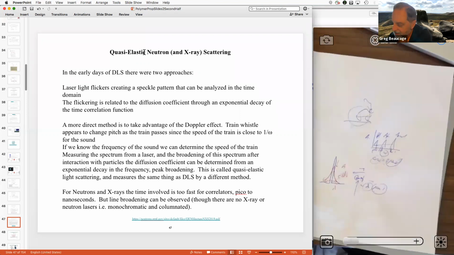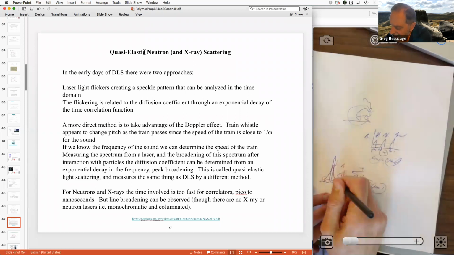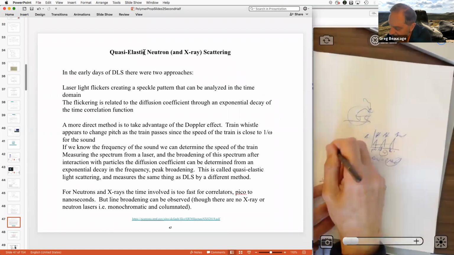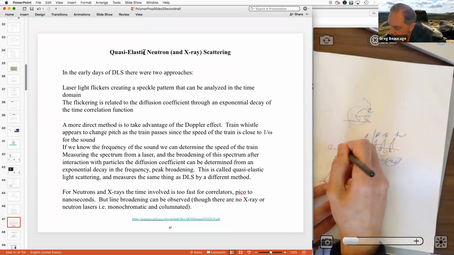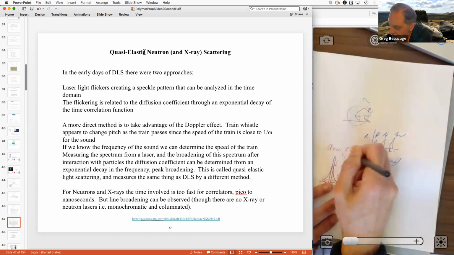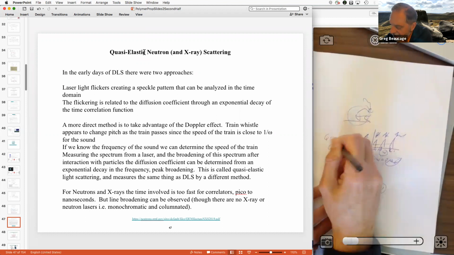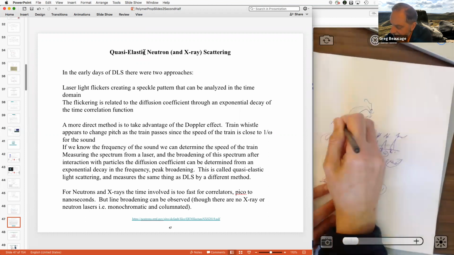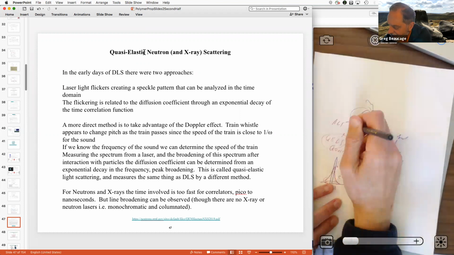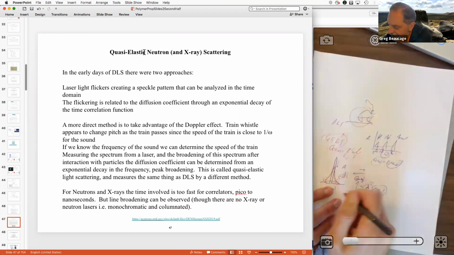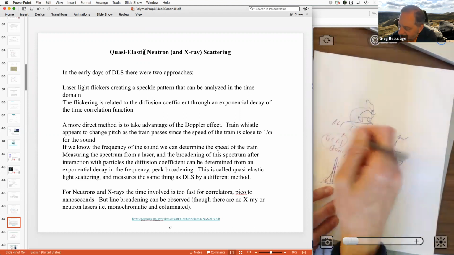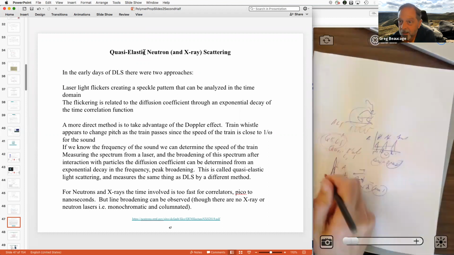So from that broadening, that's called quasi-elastic light scattering, or QELS. That was a competitor to DLS. In DLS, we're looking at this as it flies by, it flickers, so you get this time. Originally QELS was much easier to do because all you needed was a monochromator to get this pattern.